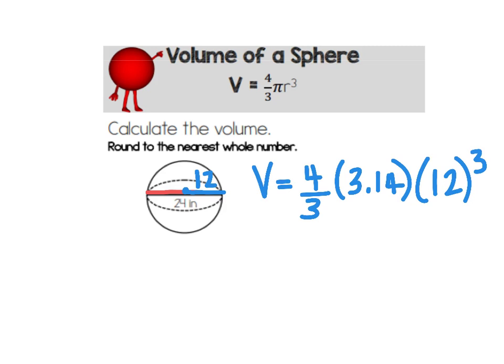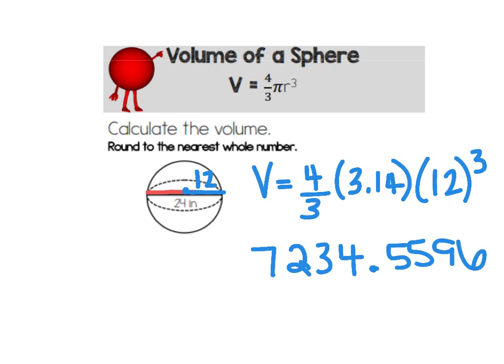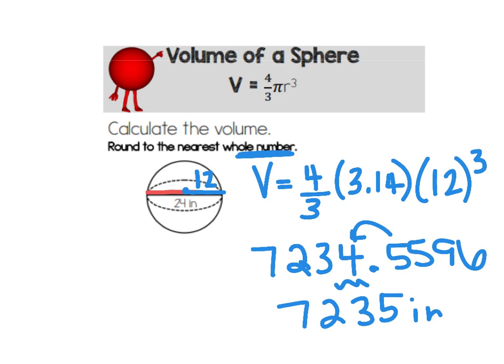In the calculator, 4 divided by 3 times 3.14 times 12 cubed would be 7,234.5596. Again, they're saying whole number here, so I'm going to round the 4 using the 5. So that would be 7,235 inches cubed is how big this ball is.